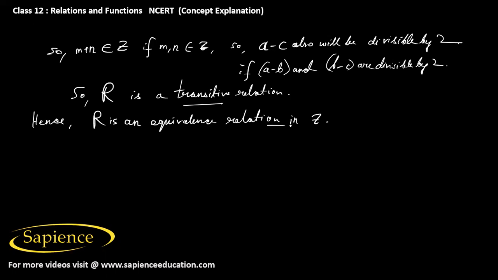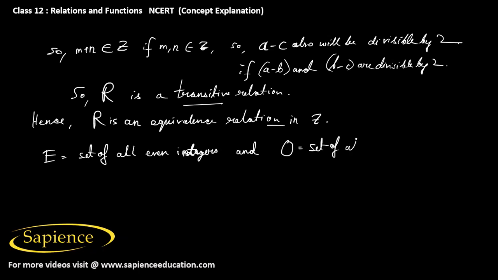So here we can see that, suppose we take E as the set of all even integers, and O is the set of all odd integers.